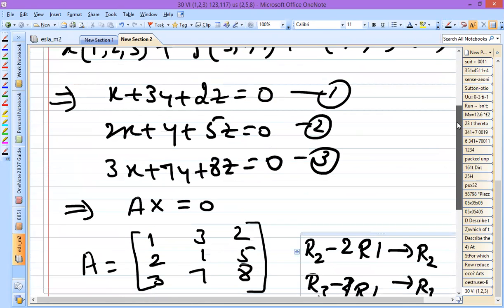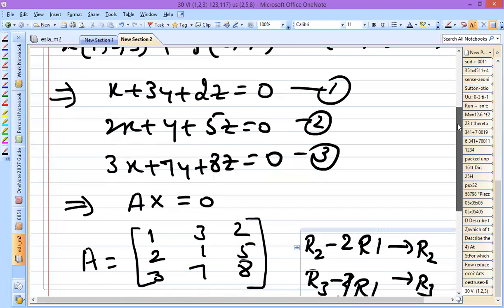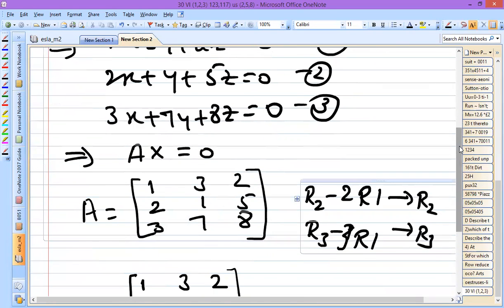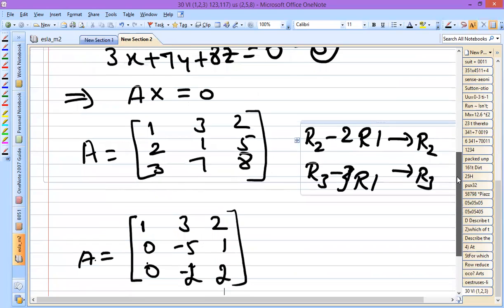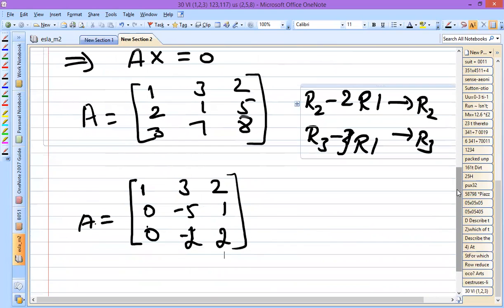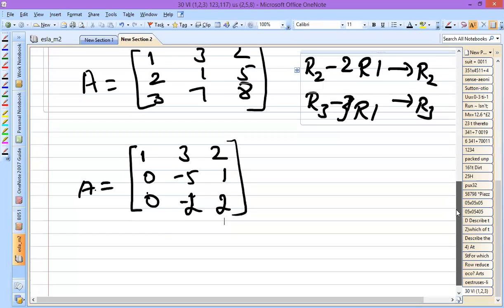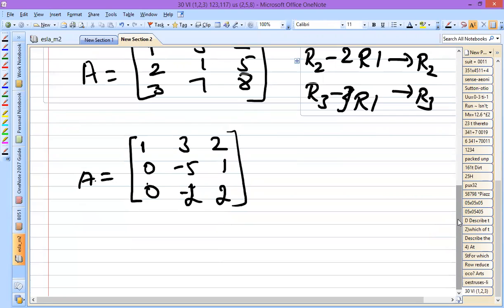Other than that, you can also make use of this method, and we'll try to use the row reduced form in order to get the non-zero rows in the row reduced form of a matrix. Suppose if you don't get any zero rows, then we'll be identifying the number of unknowns from this matrix A. After this, let us try one more operation.